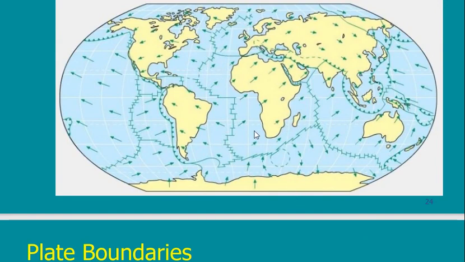These are the plates, and this is the expected movement of these plates. This is what is happening. If you look here, you will find that this plate is going right and this plate is going left.